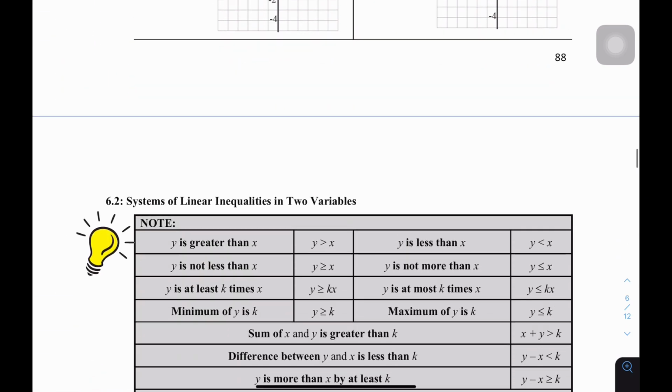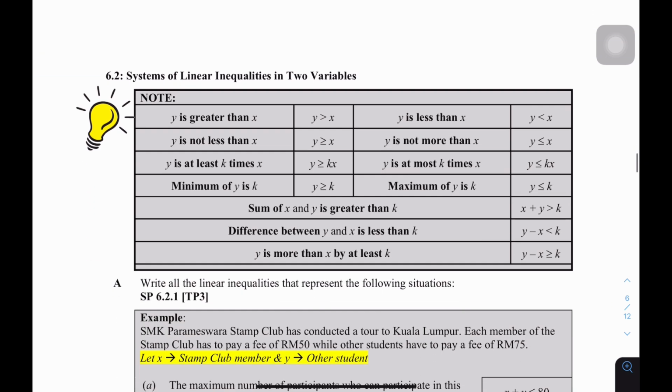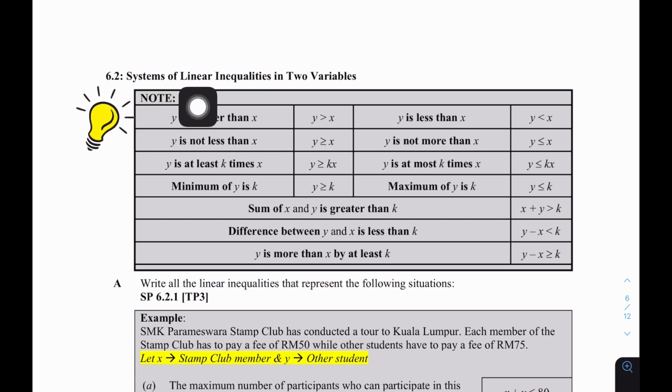Next class, we're going to look into the new subtopic 6.2, system of linear inequalities in two variables. Saya harap awak faham betul-betul apa yang kita belajar hari ini, 6.1, sebab awak akan gunakan benda tu dalam subtopik seterusnya. Kalau tak faham nanti susah sikit kita nak buat 6.2.